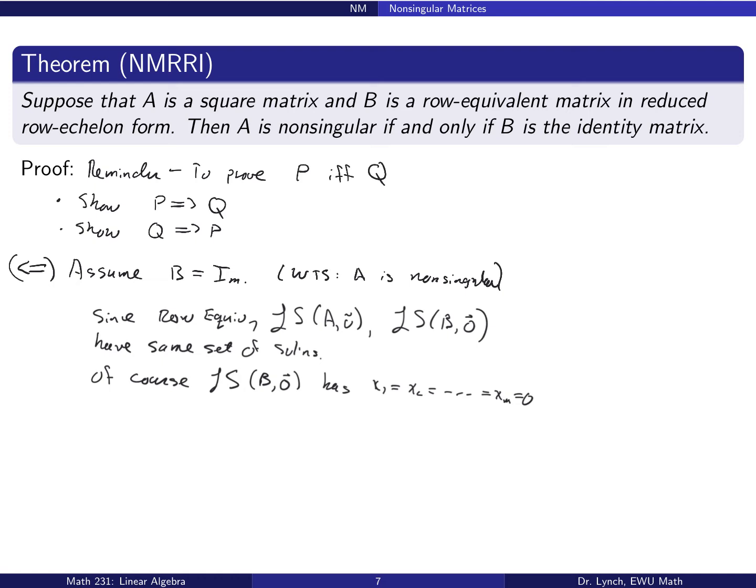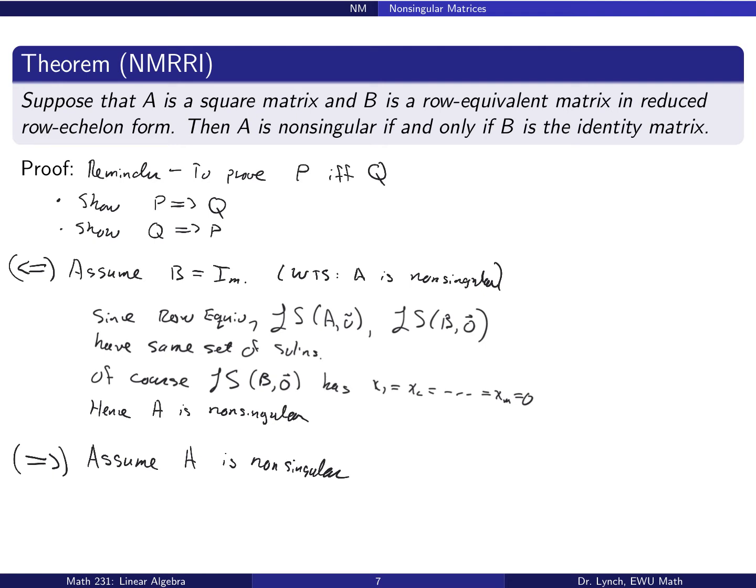Because the matrix B is the identity matrix. So therefore, the only solution to the homogeneous linear system where A is a coefficient matrix is 0. Okay. If the only solution is the trivial solution, we say that A is non-singular.